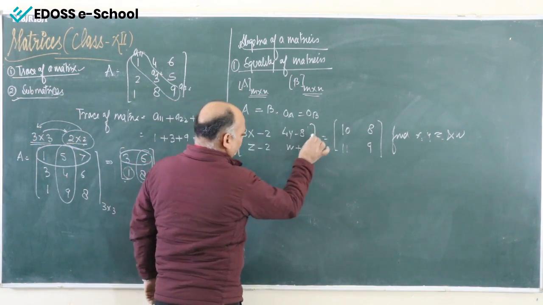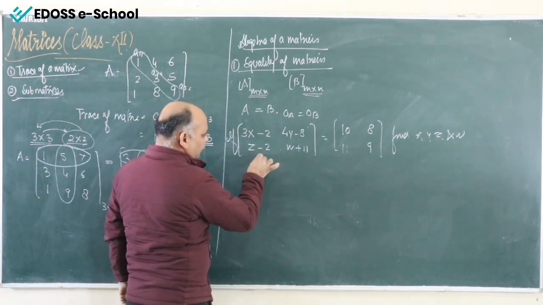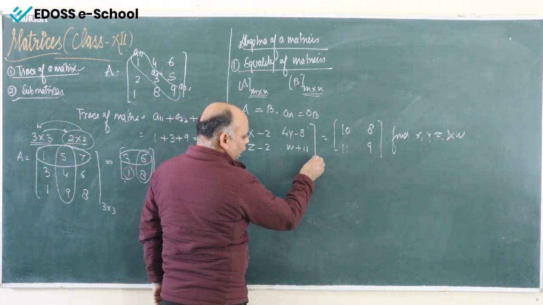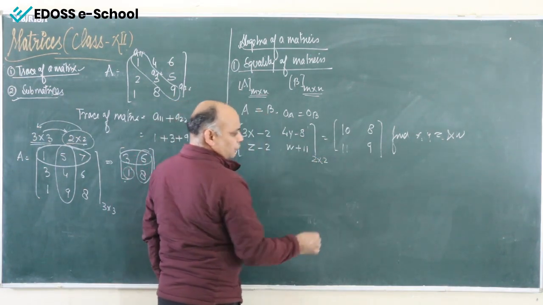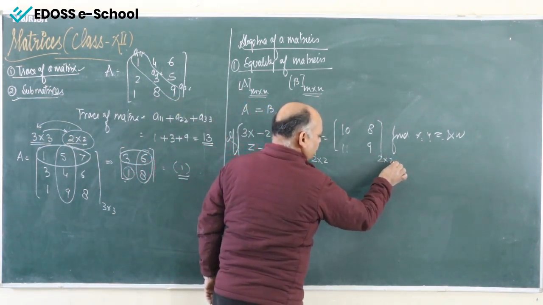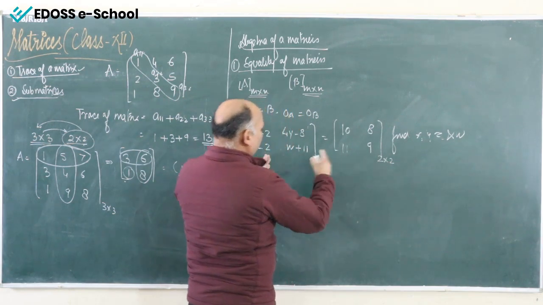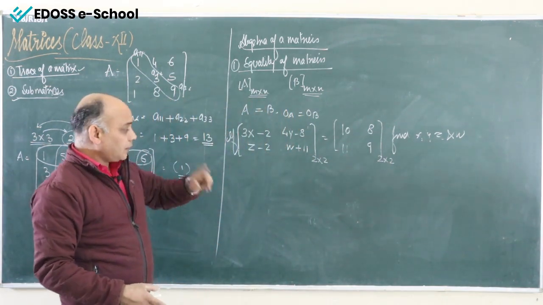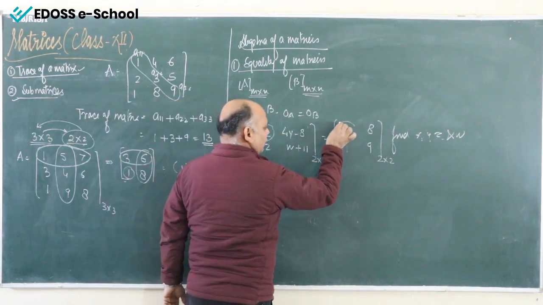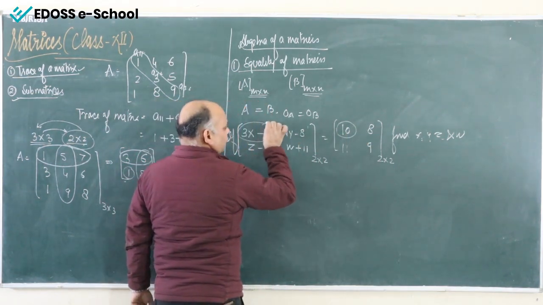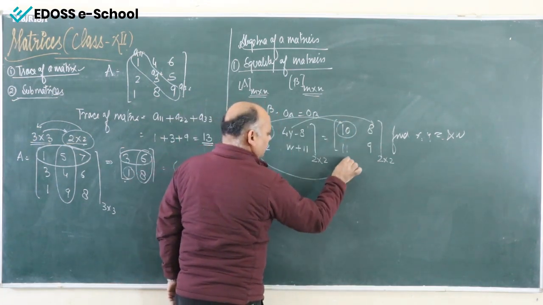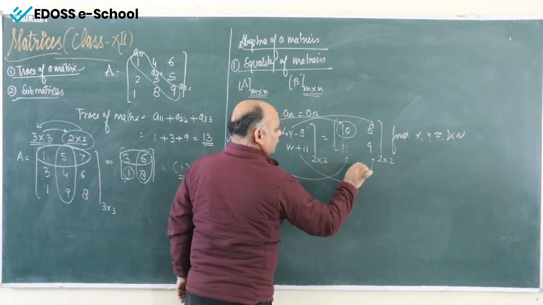This is the first row, this is the second row, this is the first column and this is the second column. That means this matrix has the order of 2 cross 2, and this matrix is also of order 2 cross 2. Both matrices are equal if each entry is equal to the corresponding entry.